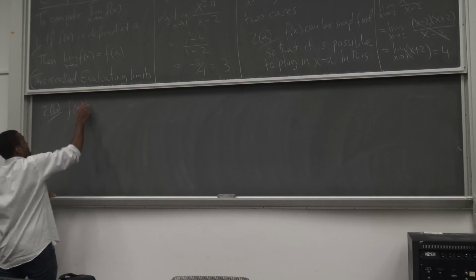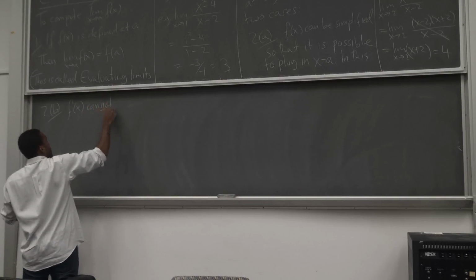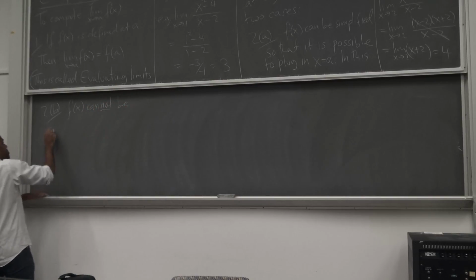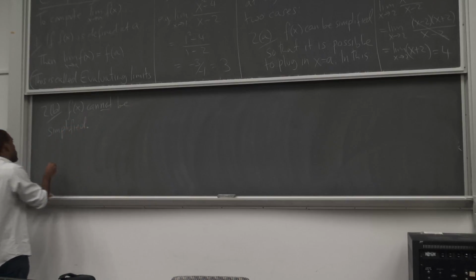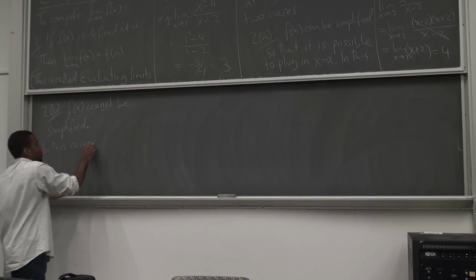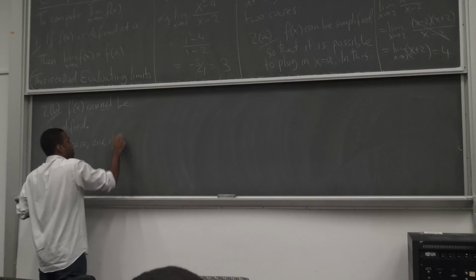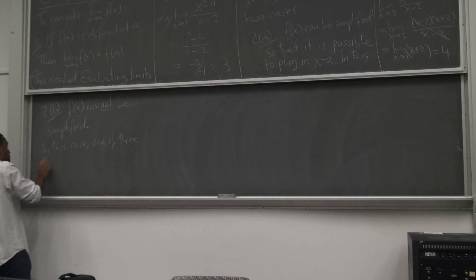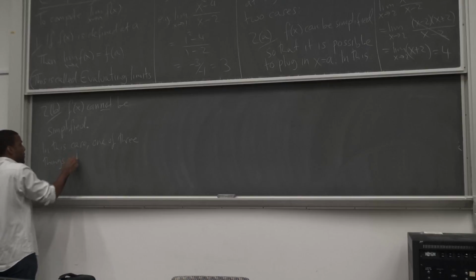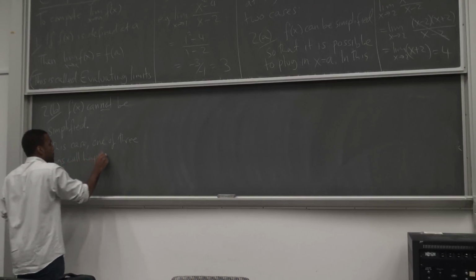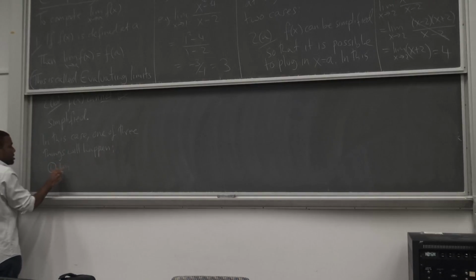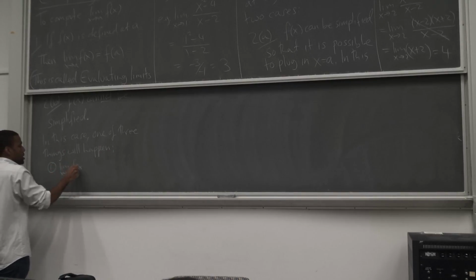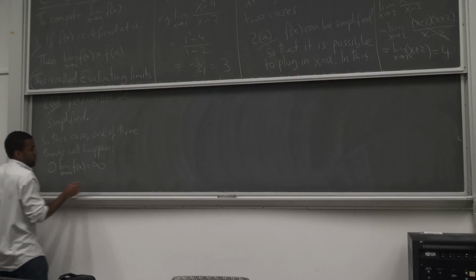And there's 2b. In the case f of x cannot be simplified, in this case, three things will happen. One, the limit is going to give you an infinite answer.